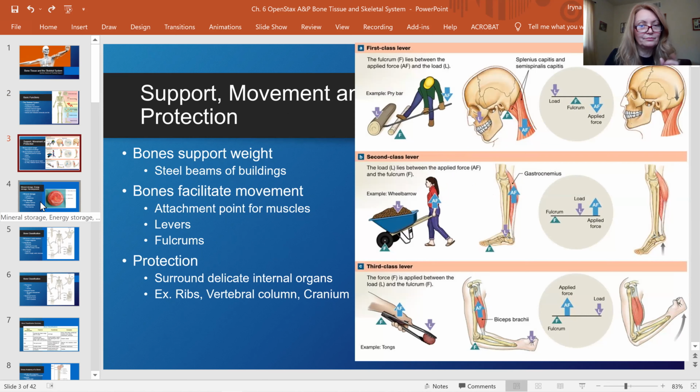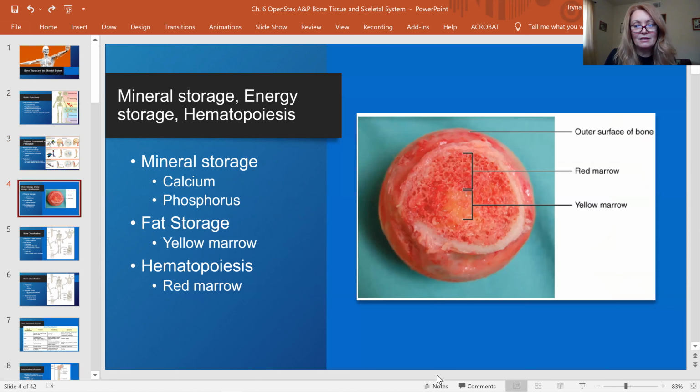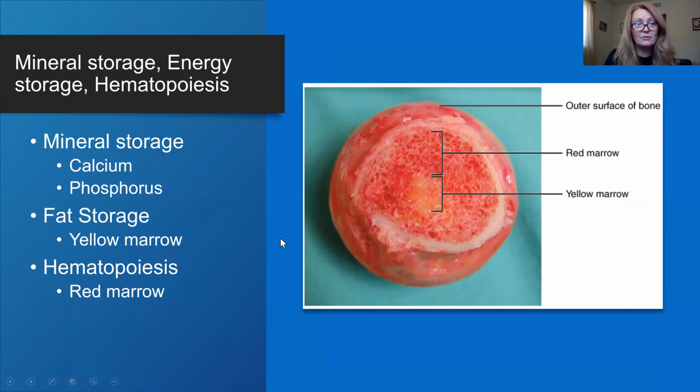I mentioned protection. And of course, we have mineral storage, like you store calcium and phosphorus in your bones. You also store fat in your yellow bone marrow. And in some of your bones, mostly your flat bones, and in your vertebrae as well, which are irregular bones, you have red bone marrow, and this is where you form blood cells.